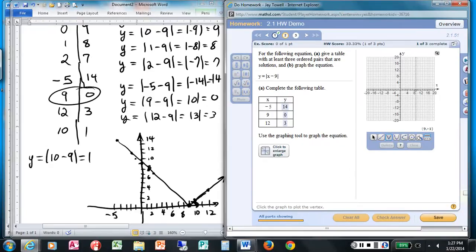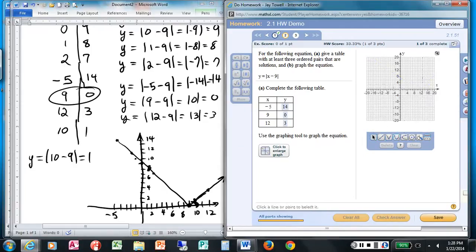And you might want to enlarge it to get it just right, because it is a little tricky there. All right. Got it there. And then it wants you to just go to one of the other points, 12, 3. Let's see if we can get 12, 3 in.